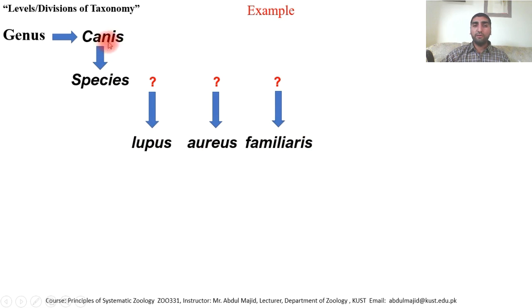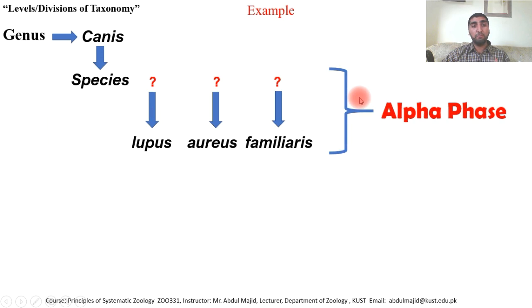So now we have three species: Canis lupus, the common wolf; Canis aureus, the jackal; and Canis familiaris, the common dog. This is microtaxonomy, and in microtaxonomy this is the alpha phase, because you are working at the species level, identifying species by discriminating their characteristics.